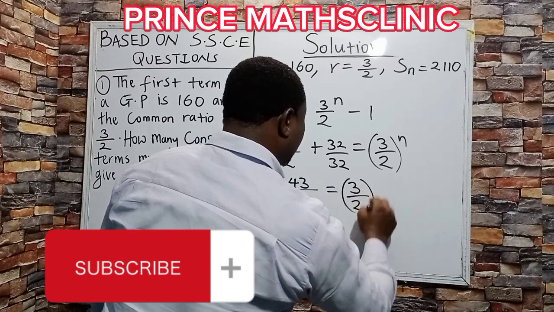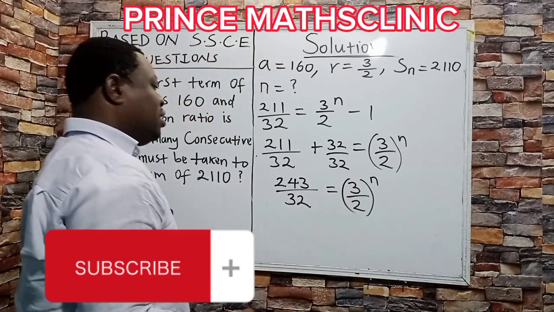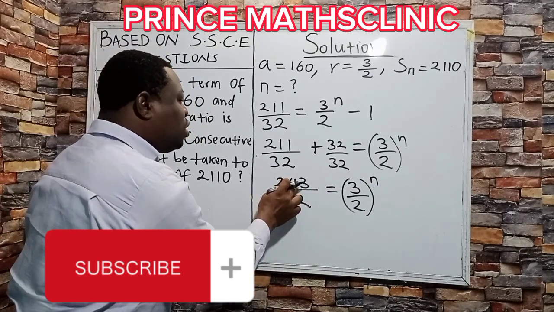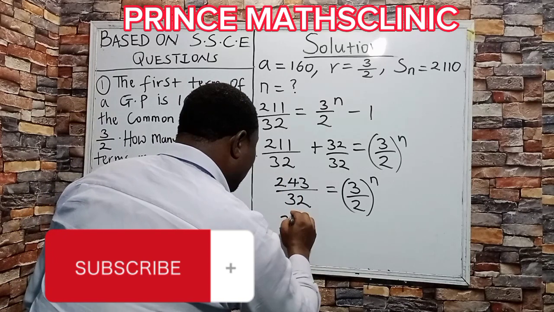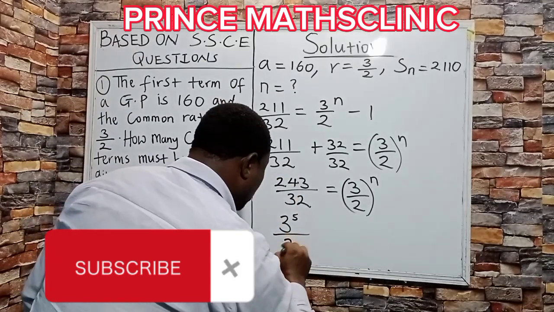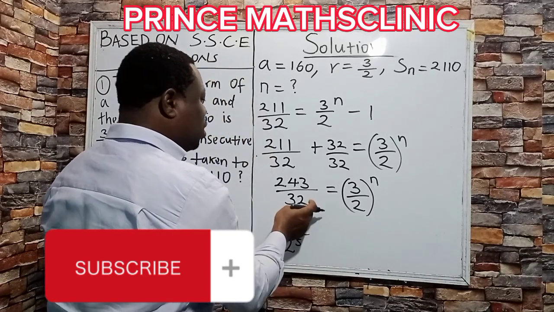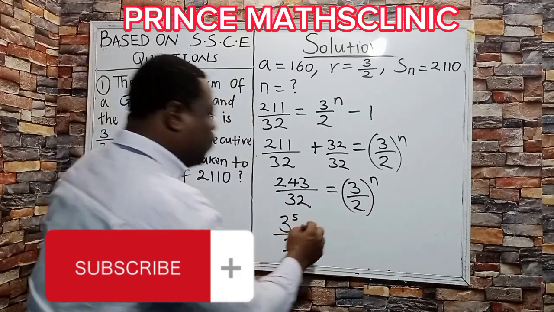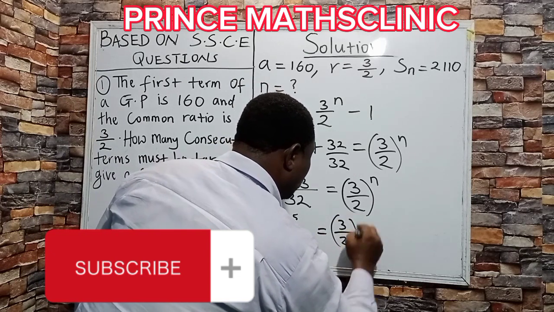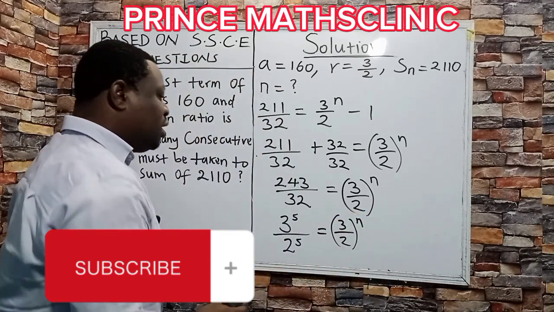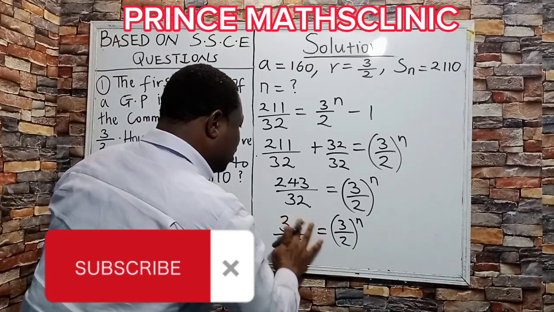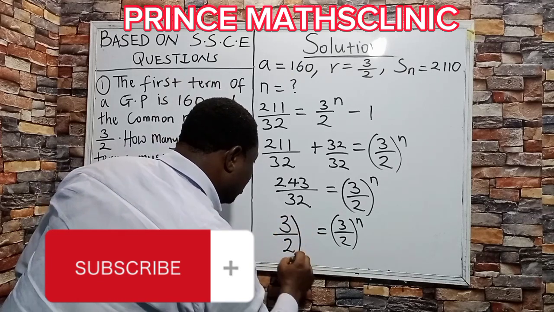3/2 to the power of n. Then, if I do 3 to the power of 5, I will get 243. And if I do 2 to the power of 5, I will get 32. Therefore, this is still equal to 3 over 2, all to the power of n. Since both of them have the same power of 5, I can as well write it like this.